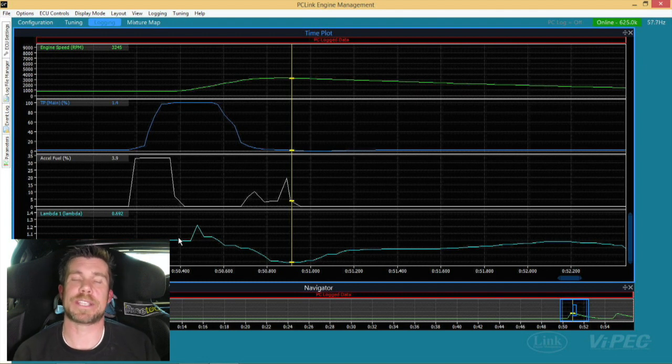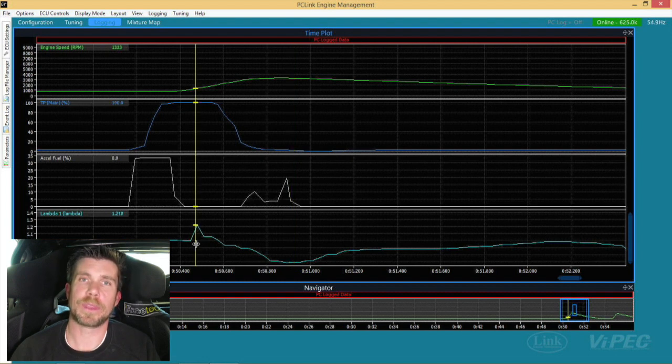And this is the balancing act that's important to understand with acceleration enrichment tuning. If I solely based my decisions on this lean spike here, what I'm going to end up with almost inevitably is adding way too much fuel, way more fuel than I actually need to get good crisp response out of the engine, and that's going to affect areas like this where you can see we've gone quite rich.